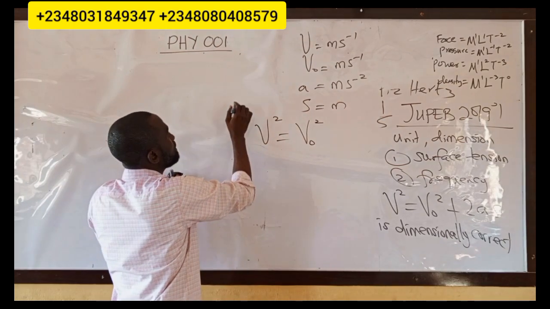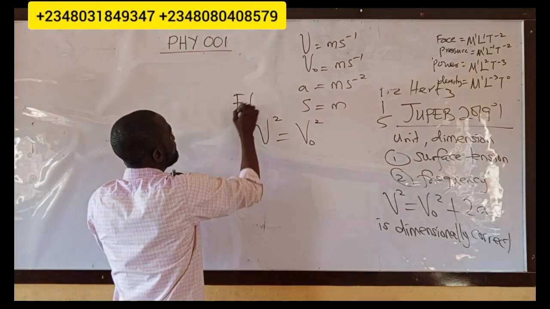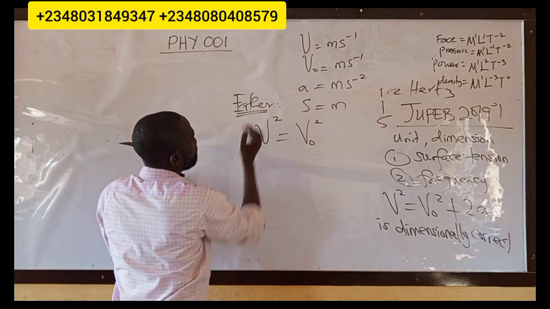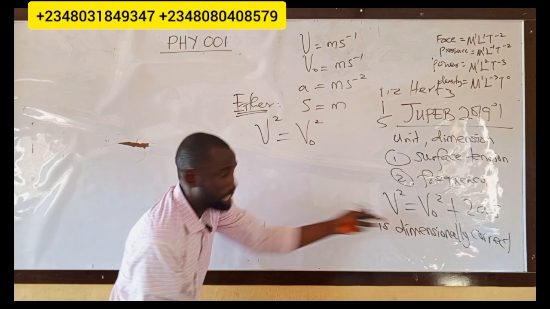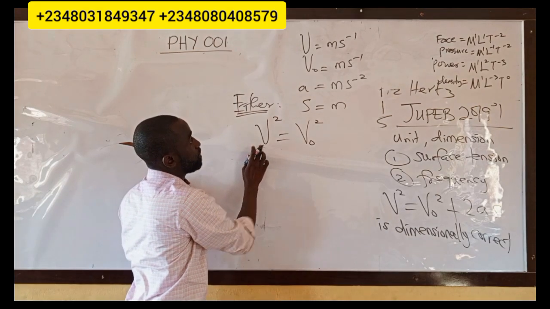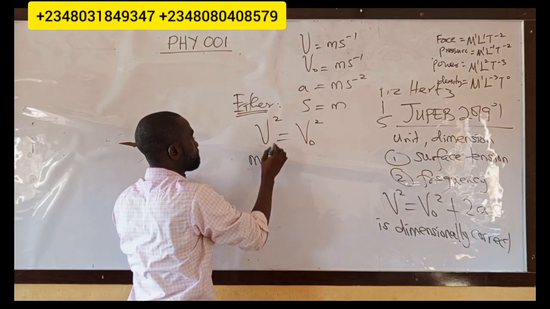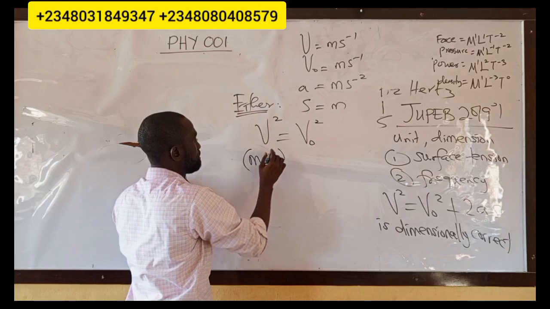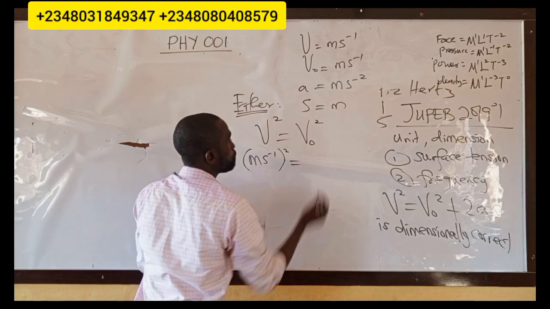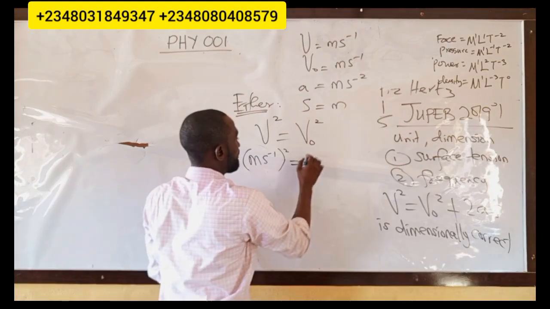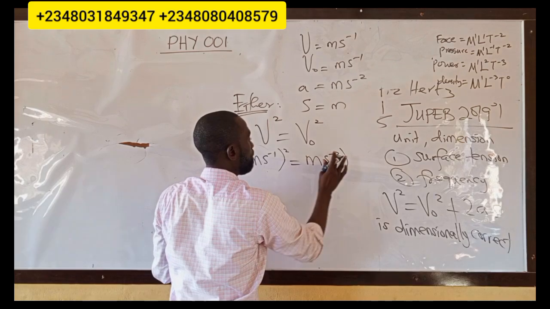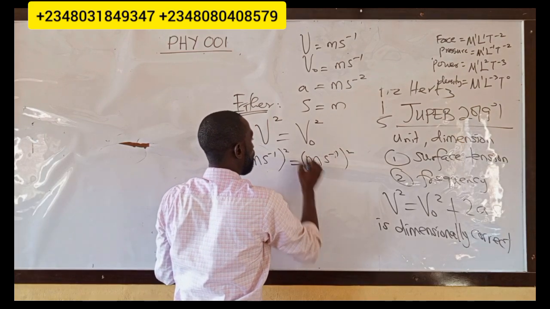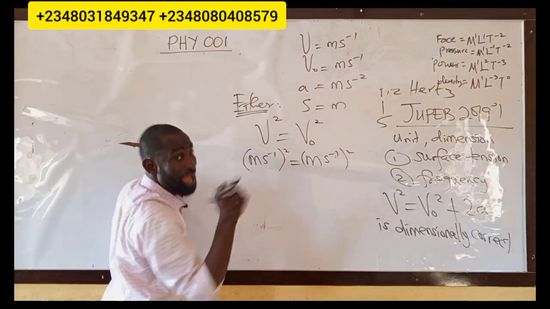So to show that it is correct dimensionally: what is the unit of velocity? Meter per second, all squared, equals velocity, meter per second, all squared. Open the bracket.